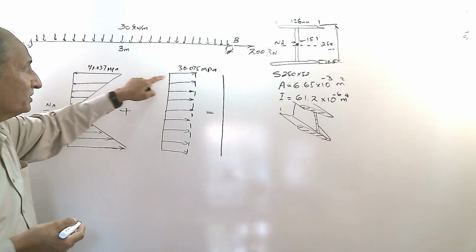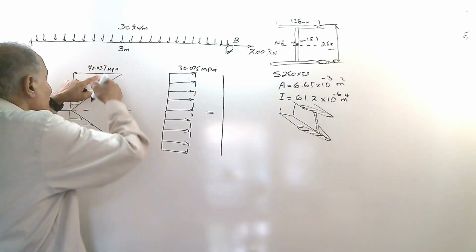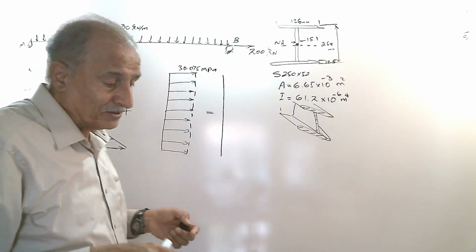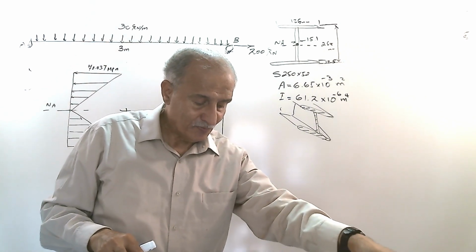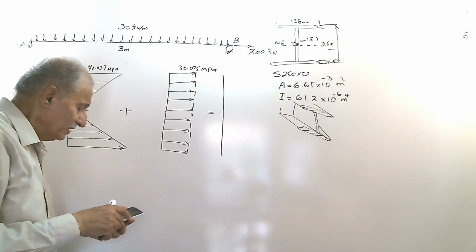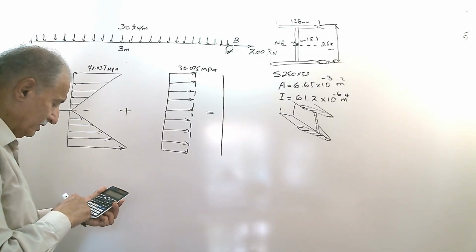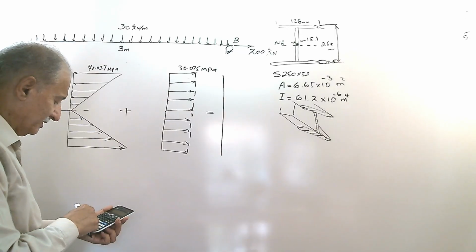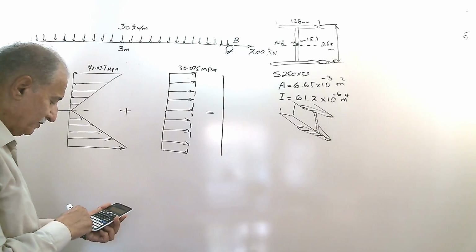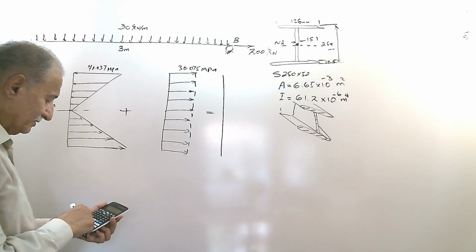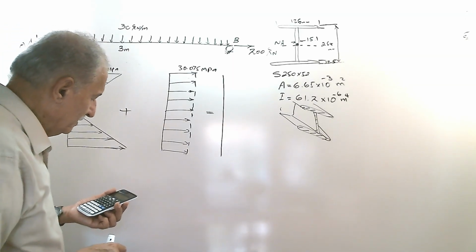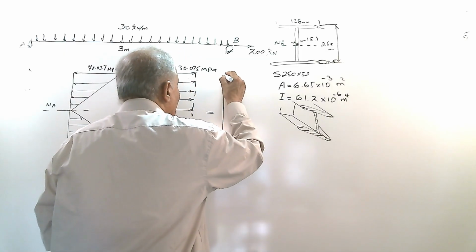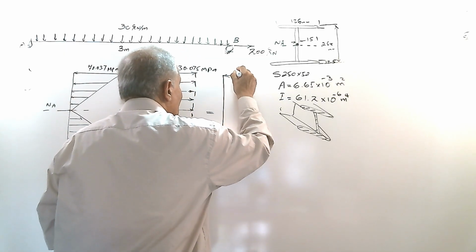Then when you add them together, because it is larger than this, you can say 70.037 minus 30.075, 39.9. That's heavy compressive.